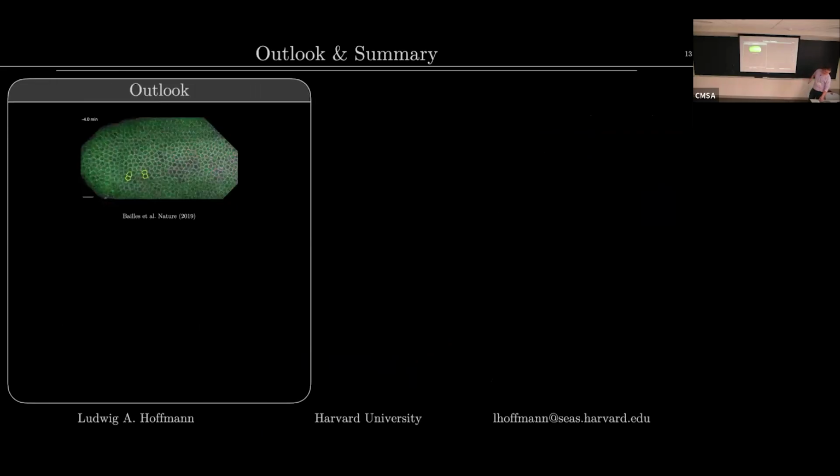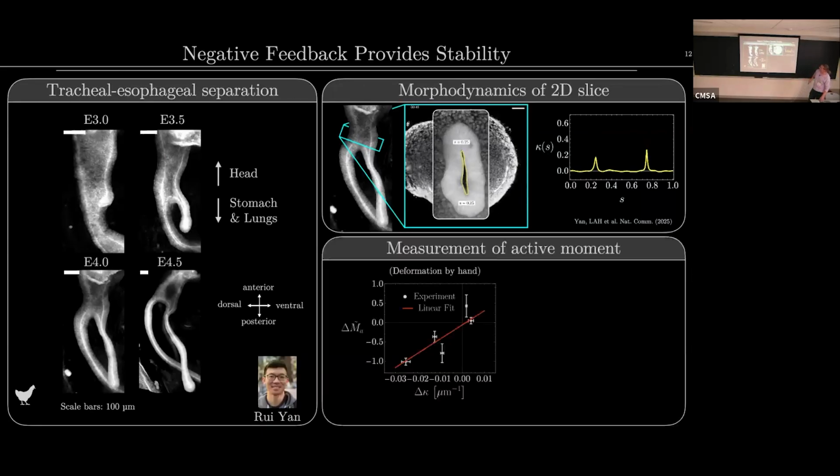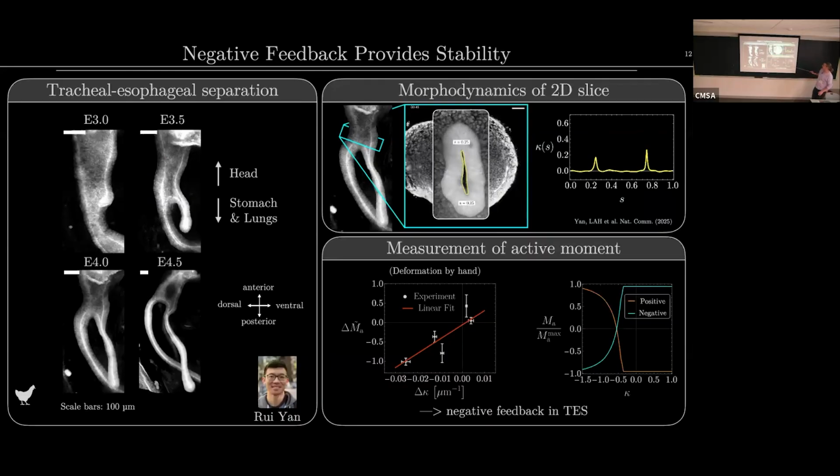And comparing that to the prediction of the model, you see that it has roughly the same behavior as the negative feedback would predict. So there's some evidence for the negative feedback in this separation. There are not a lot of data points here because it's quite difficult to do the experiments. So if anyone has a different model system where this feedback could be measured, I think it would be fun to investigate.